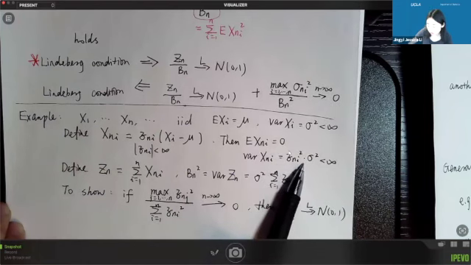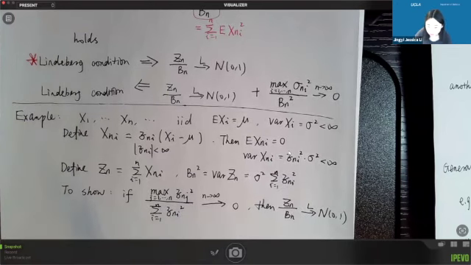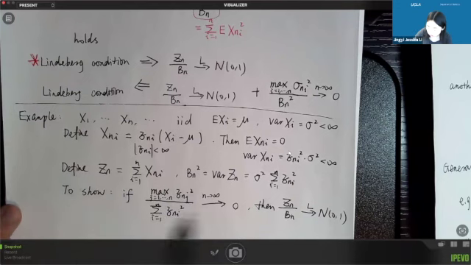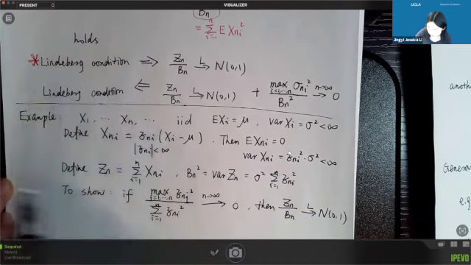So that's why we cannot directly apply the central limit theorem, but the Lindeberg-Feller theorem applies here. What we're going to do to show this is to show that this condition implies the Lindeberg condition. Therefore, we have asymptotic normality by the Lindeberg-Feller theorem.